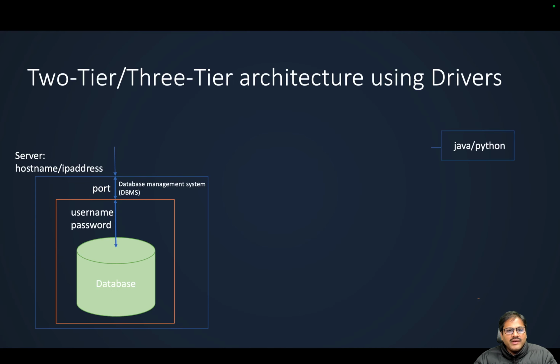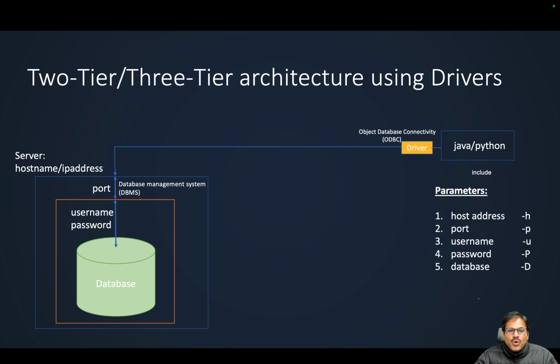The user, using a Java program or any program, connects to the database using the driver. This driver is generally called Open Database Connectivity or ODBC. So, for any program to connect to the database, it has to specify the following parameters.